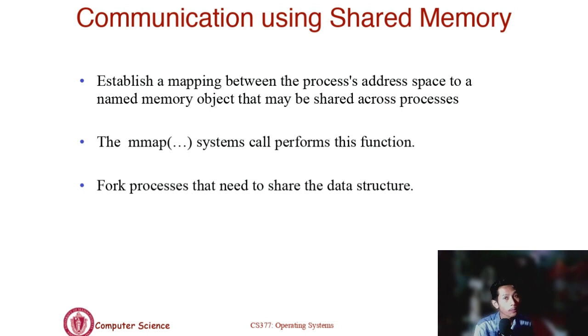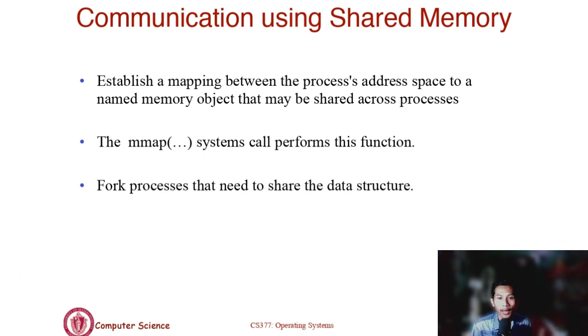This memory object can then be accessed and modified by these processes, enabling data sharing. The mmap system call is commonly used to establish this mapping between the process address space and the shared memory object. It allows processes to map regions of a file or other memory object into their address spaces.